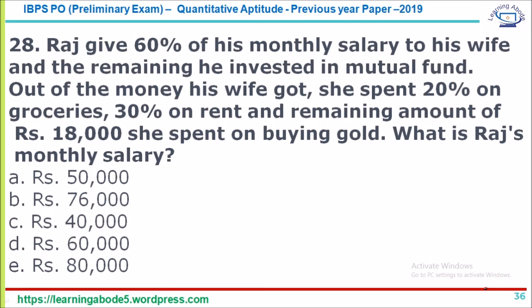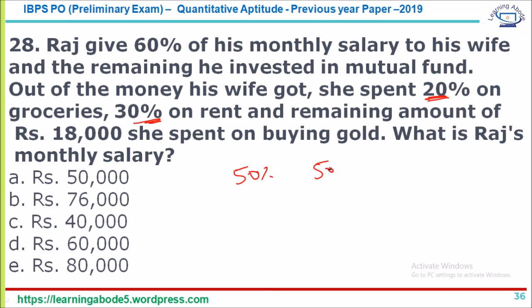Next question. Raj gave 60% of his monthly salary to his wife, and the remaining he invested in mutual fund. Out of the money his wife got, she spent 20% on groceries, 30% on the rent, and the remaining amount is 18,000. So what is Raj's monthly salary? See, the wife has spent 20% on groceries and 30% on rent, so 50% she has spent.